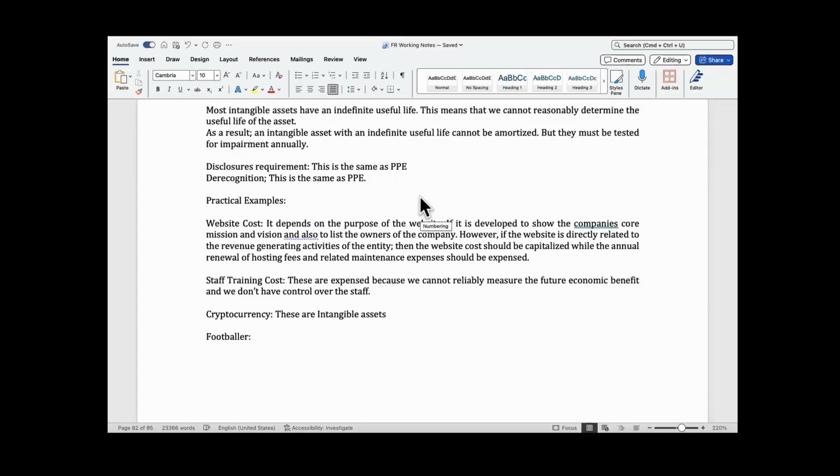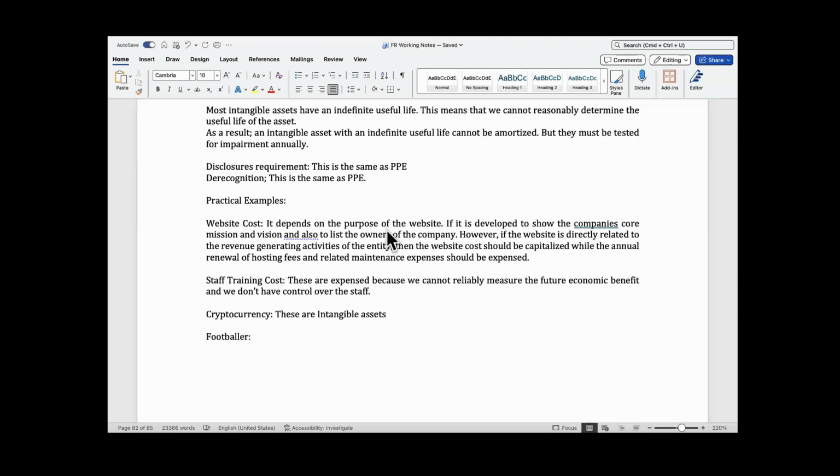Okay. Olalekan, you're trying to say something? Yes, sir. I think the player himself cannot be categorized as intangible assets, but their contract, like you said, it is controversial.